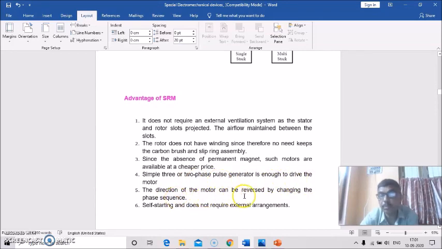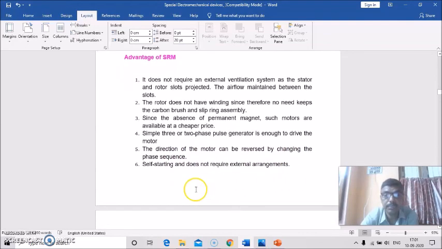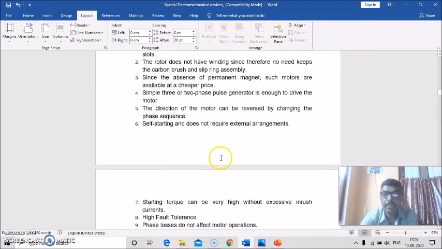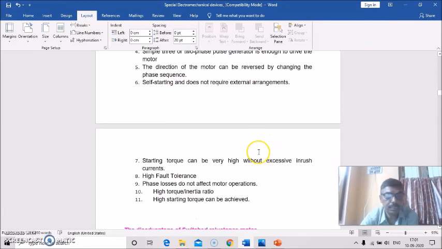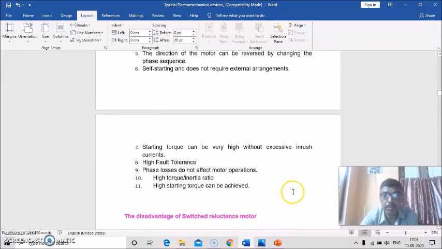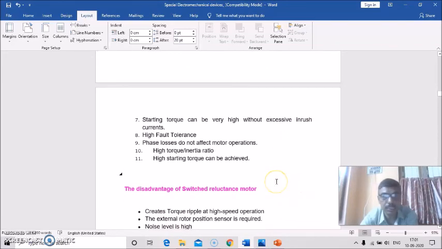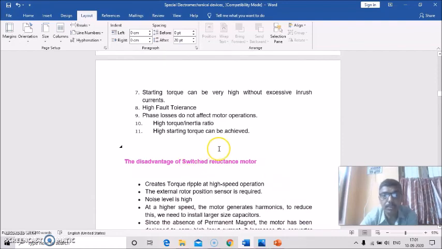The direction of the motor can be reversed by changing the phase sequence. It is self-starting and does not require external arrangement, and starting torque can be very high without excessive induced currents. It has high fault tolerance, phase losses do not affect motor operation, and a high torque to inertia ratio and high starting torque can be achieved.